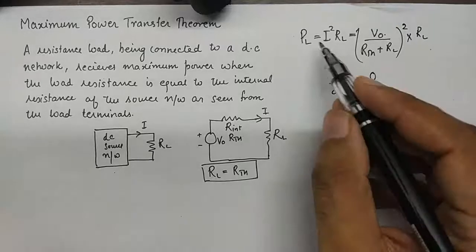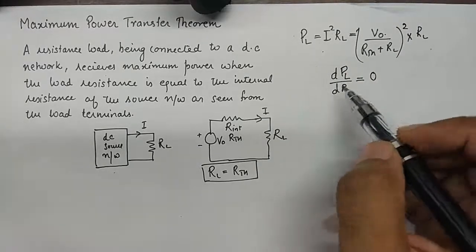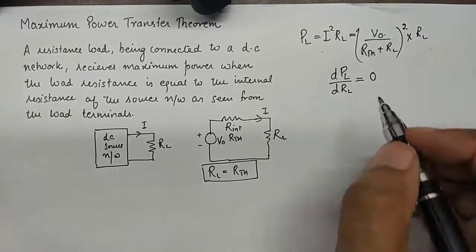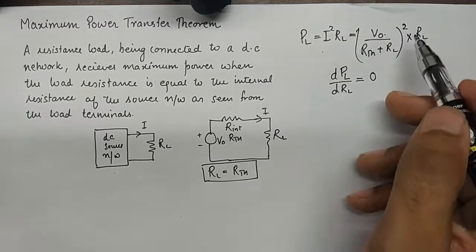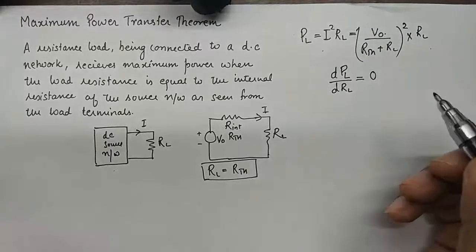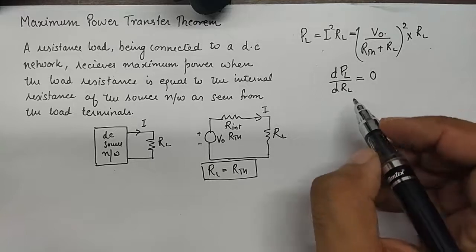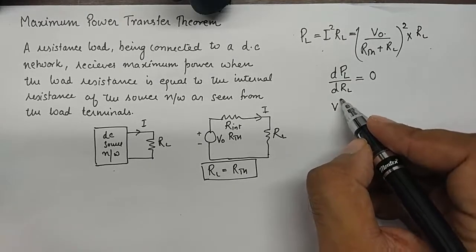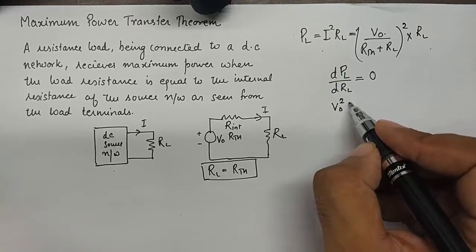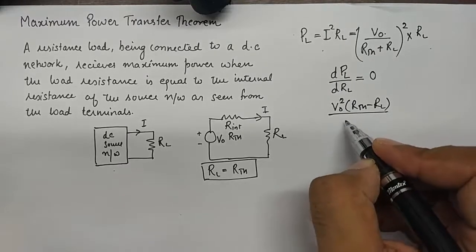Now what we do is we calculate dPL upon dRL from this equation, and I will not go into the differentiation of this equation, as that will make the tutorial lengthy, so I'll simply get to the final part where we get this.